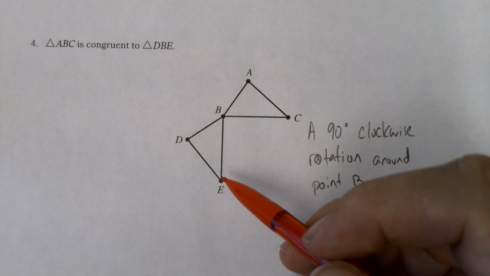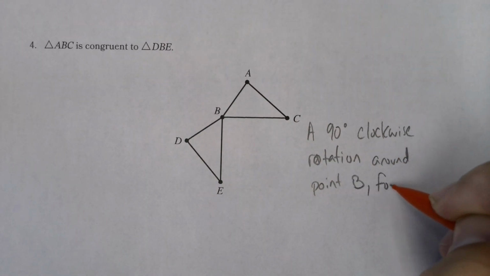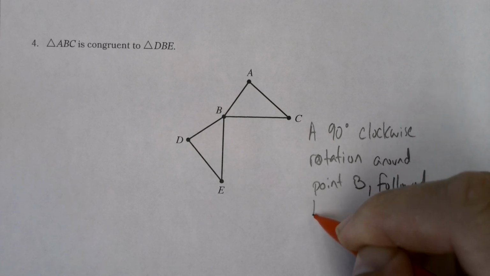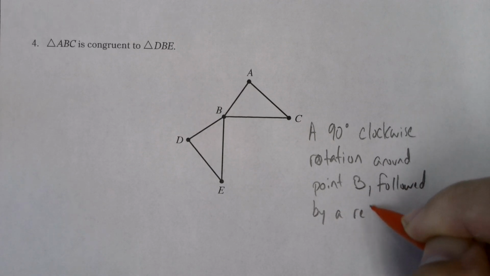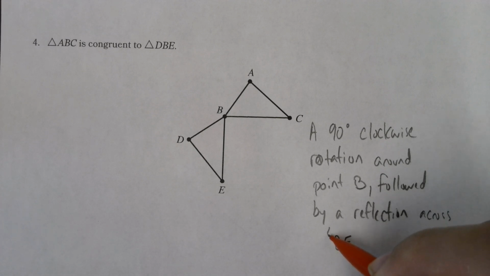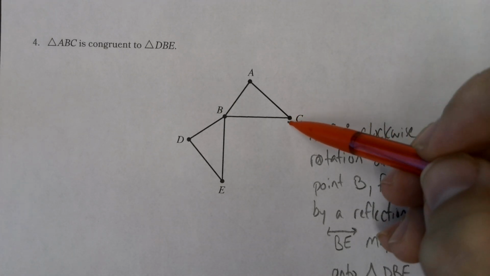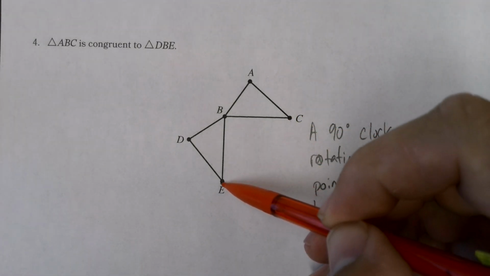Well, then after we rotate that, followed by a reflection across BE, that will map triangle ABC onto triangle DBE. So I'm going to rotate this down to where it matches up.